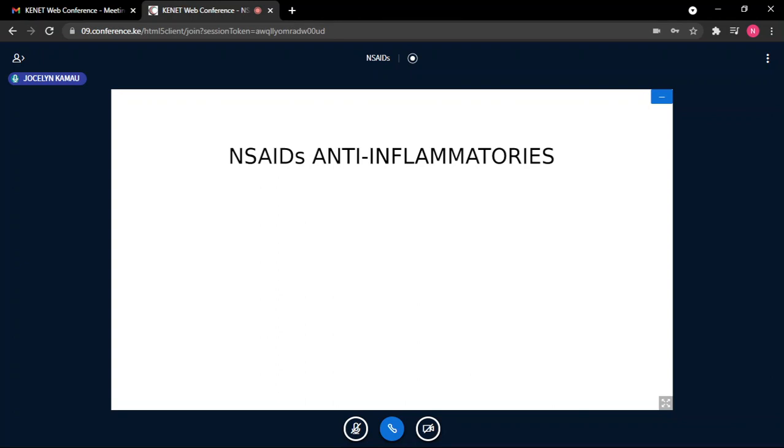Our drug, the non-steroidal anti-inflammatory, must have some structural resemblance with arachidonic acid, so that it can go for the same site on the COX enzyme and block arachidonic acid from binding, and hence block a conversion of arachidonic acid into the prostaglandin. So that is just an introduction.